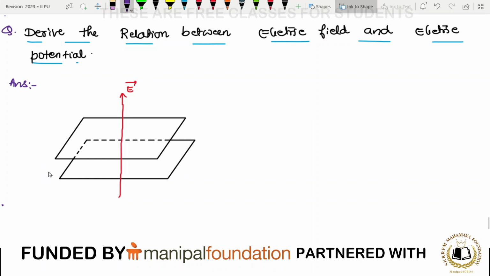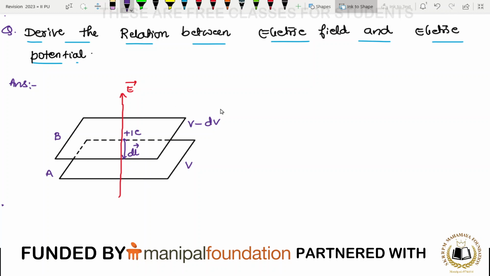This surface here is A, and this surface I call B. Here is V, and this one is V minus dV. Now we want to move 1 coulomb of charge from surface B to surface A by a distance dl. That is the gap between these two sheets.